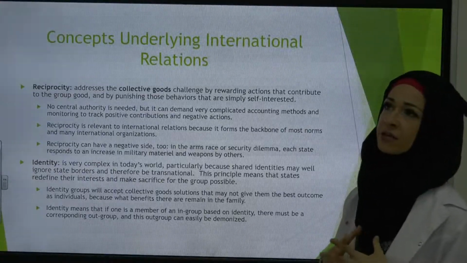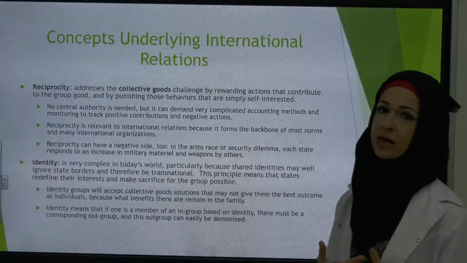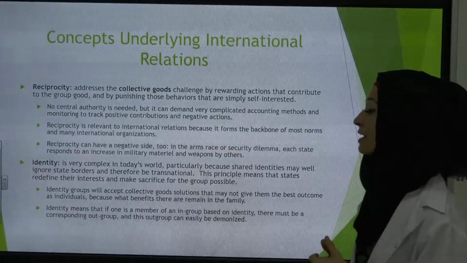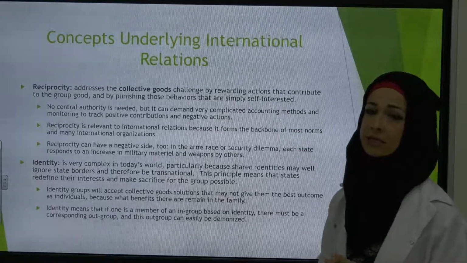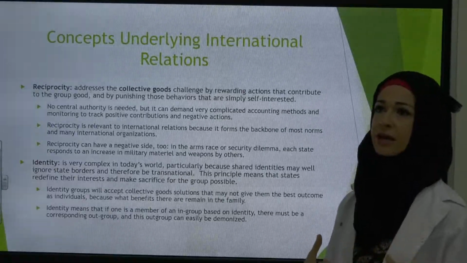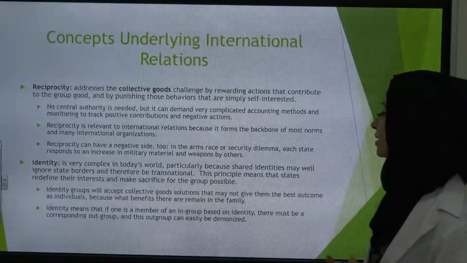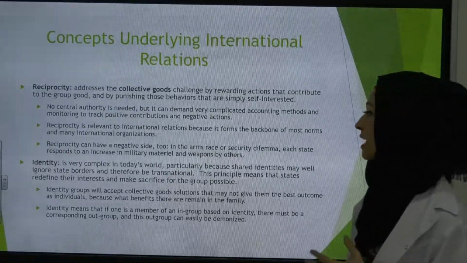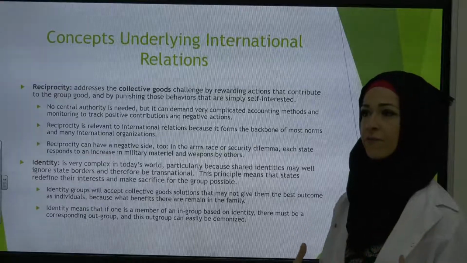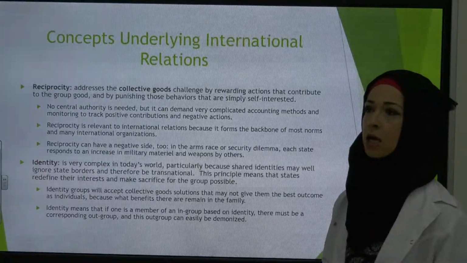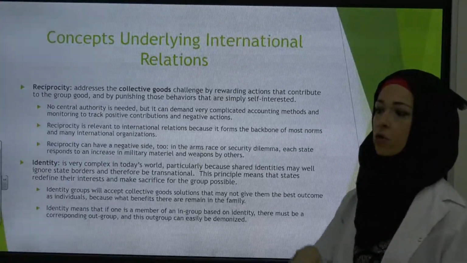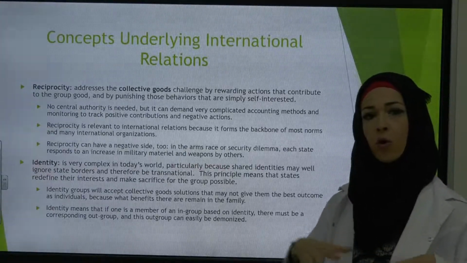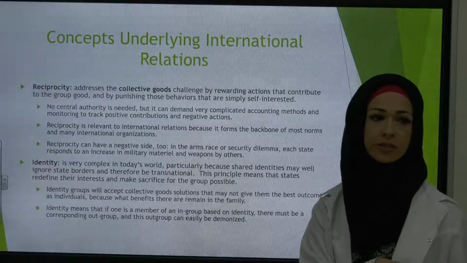Now, identity. This is a very fundamental aspect in international relations, in recognizing the identity of an individual. And it is very, very complex in today's world, given that even in this day and age, we have shared identities, which may ignore state borders and therefore be transnational. You have people who are ethnically Arabic or Kurdish or Turkish, but they live and hold the citizenship of another state.